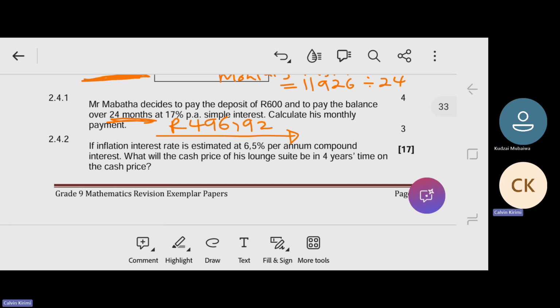Yes, I'm saying we are now calculating the price of the lunch after 4 years. Now the price is 9,500. After 4 years, how much is it going to be if the inflation is 6.5% per annum compound interest? Which formula are we going to use?